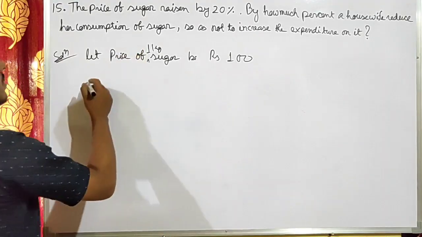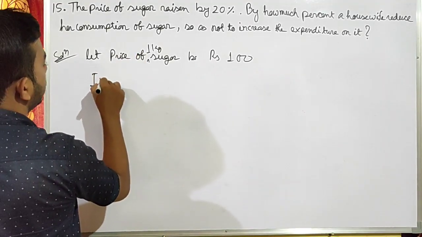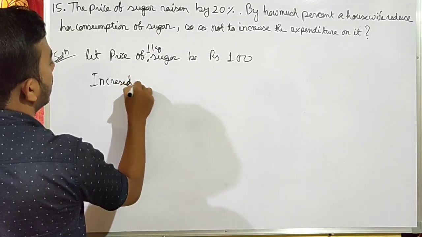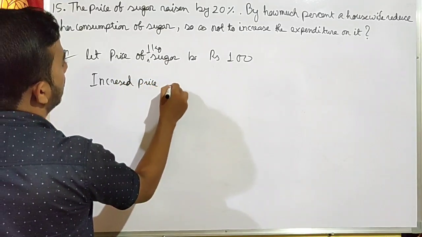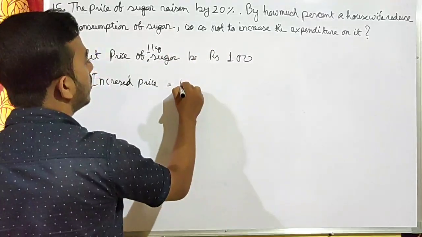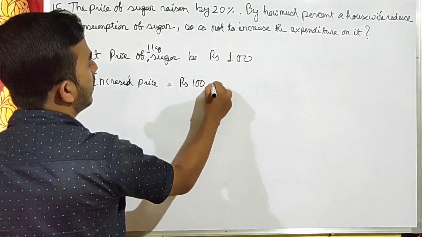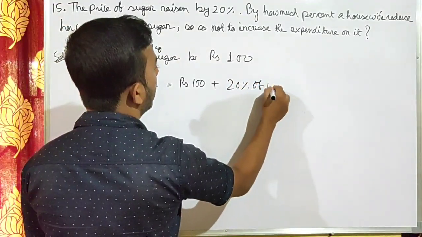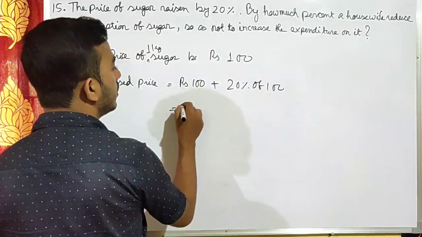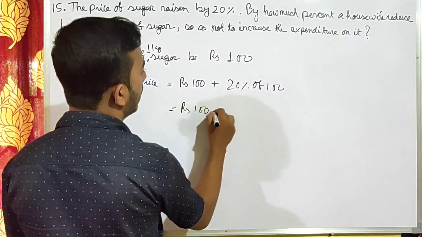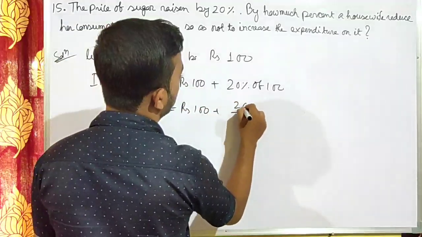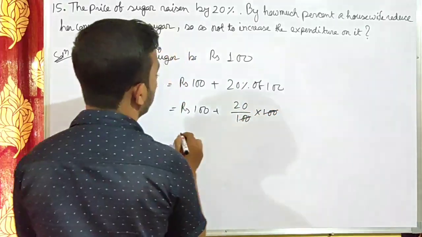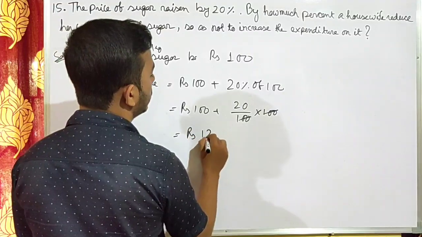Now the increased price will be rupees 100 plus 20% of 100, isn't it? So it is rupees 100 plus 20 by 100 of 100, which cancels, so it is 120.